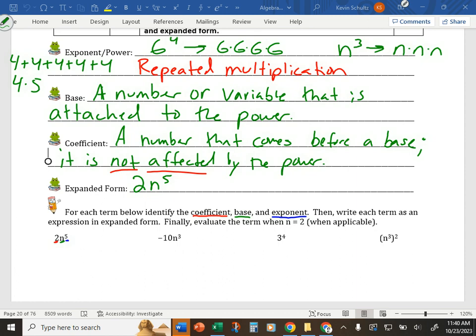In expanded form, this is 2 times n times n times n times n times n. There are 5 n's all being multiplied together, because that's the base attached to the power. That 2, a coefficient out in front, is not affected by it. And who can tell me why? Why would the 2 not be affected by the exponent 5?